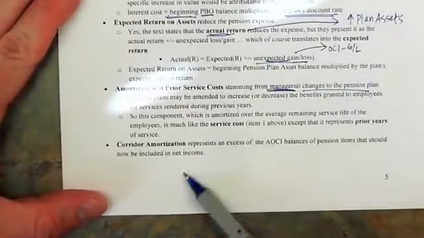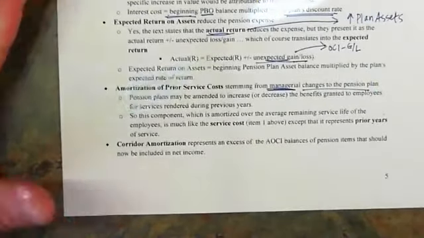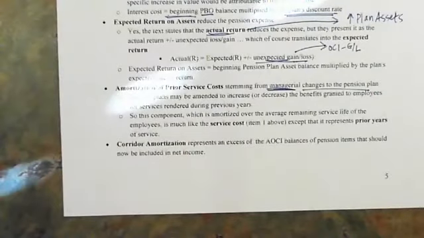Finally, corridor amortization represents my inclusion of accumulated other comprehensive income balances in order to deflate them. If they grow too big, I have to start including them into that balance.